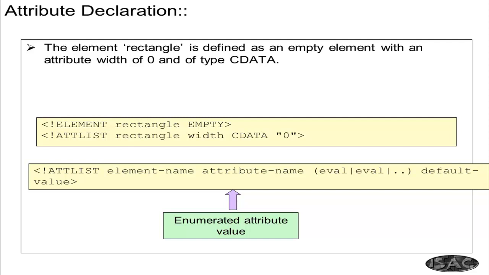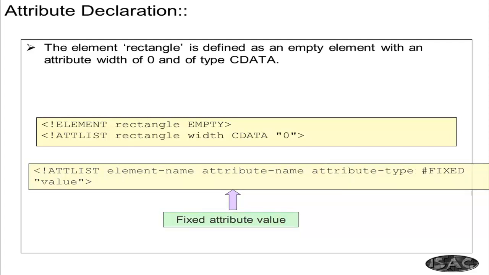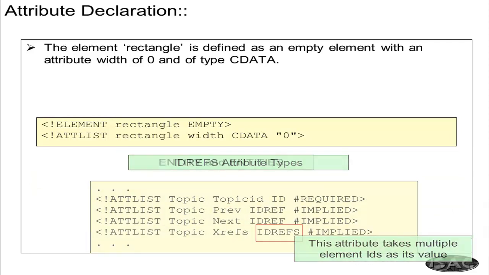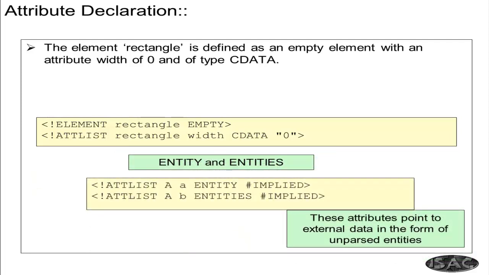Now let us declare an element rectangle which is defined as an empty element with an attribute width of 0 and type character data. You can also declare an attribute list as an entity.